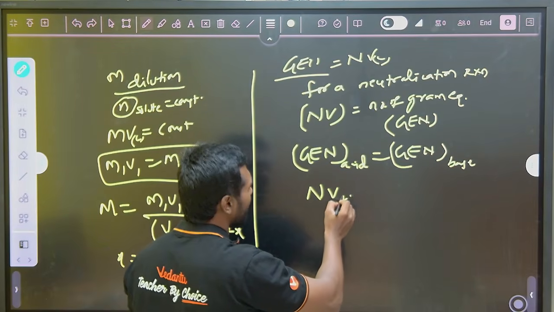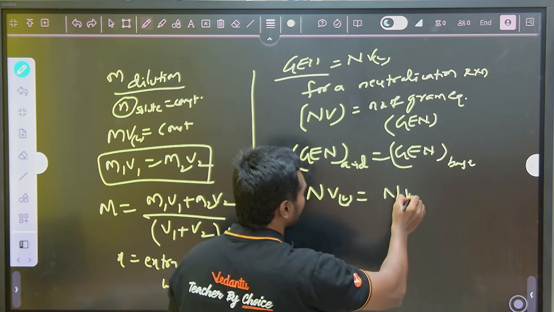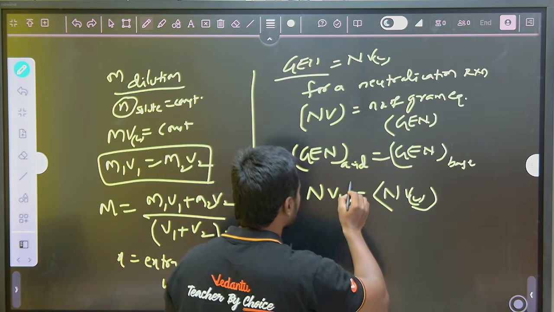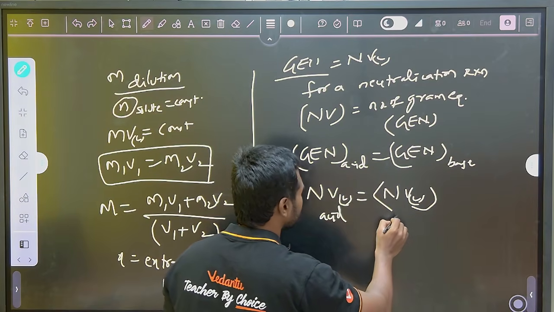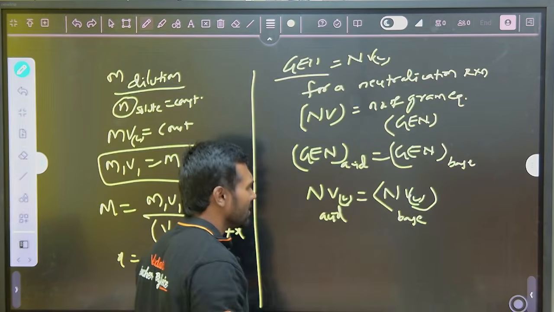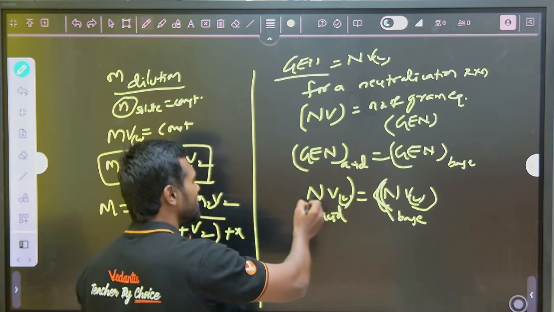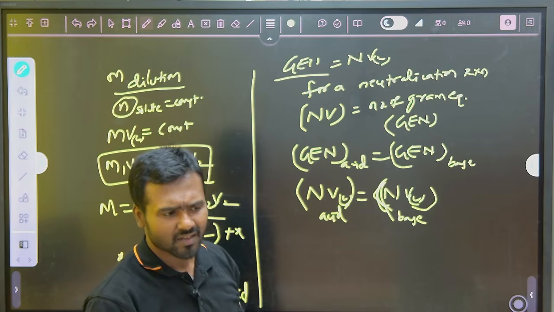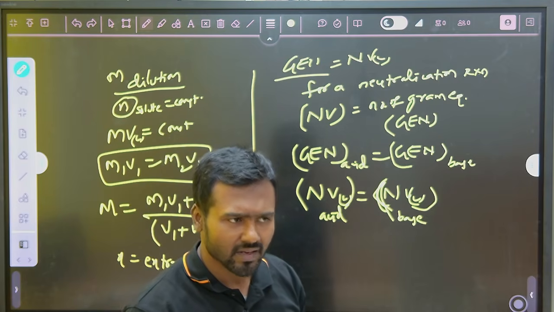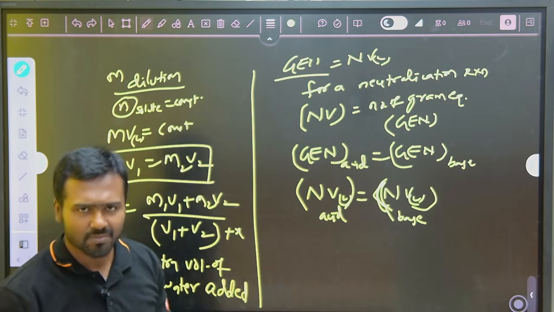Now normality into volume in liter, on the acid side, and normality into volume in liter on the base side. If anyone is extra, that means acid is greater or base is greater in number of gram equivalents, then the resultant solution is acidic or basic.